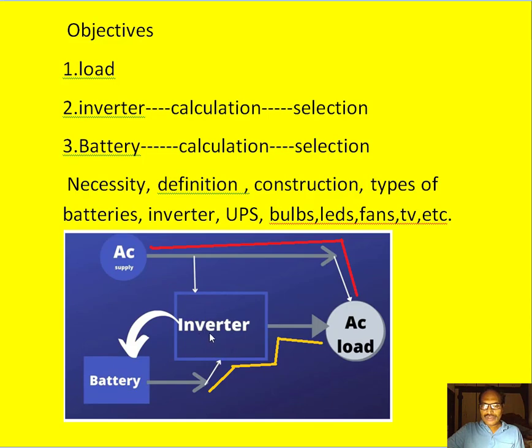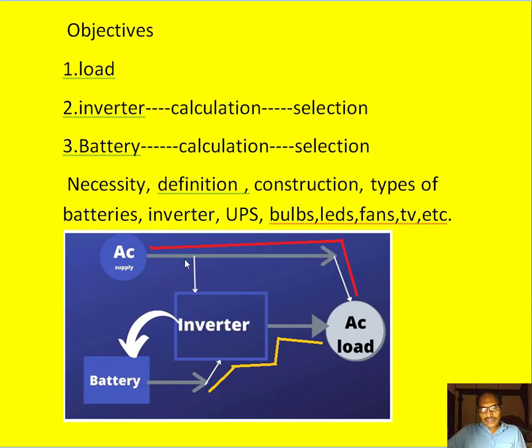The inverter consists of a circuit called the battery charging circuit, which converts AC into DC, and that DC power is given to the battery, and the battery charges with a DC supply.